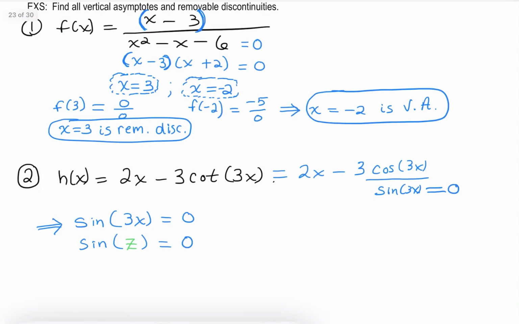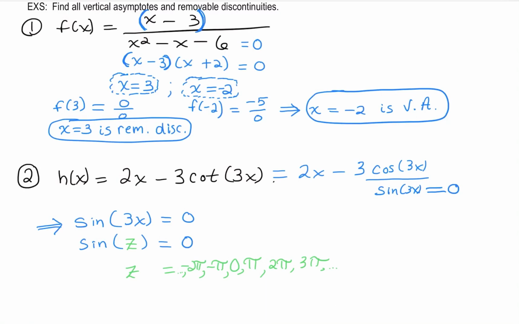For what values of z is sine equal to 0? Well, sine's equal to 0 at 0 and pi, but that's just the fundamental period. Of course, we can keep adding increments of pi or subtracting, going in the negative rotation. And all of these are going to be values where sine is equal to 0.